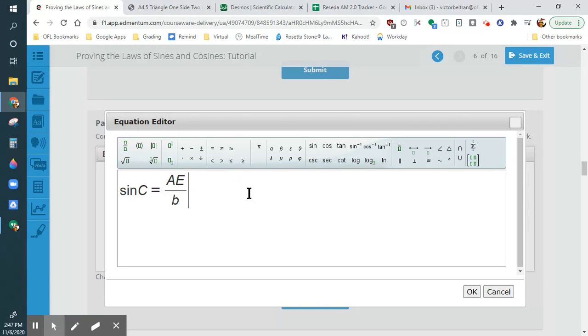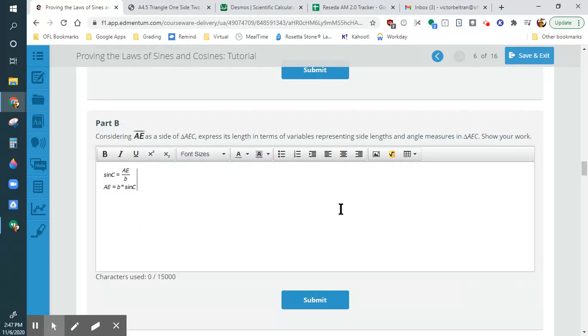So now I want to solve this. AE equals b times, I'll put the little times symbol, since I'm doing it the way Edmentum wants me to do it, sine C. So that's our EA.